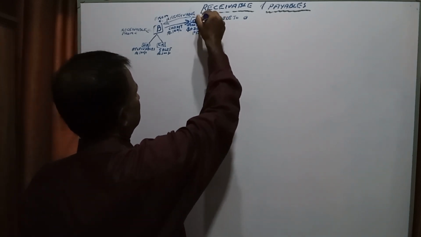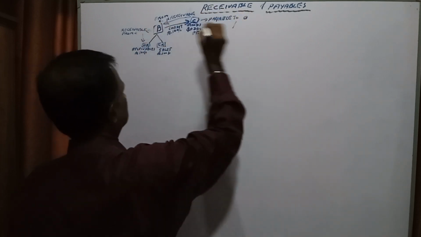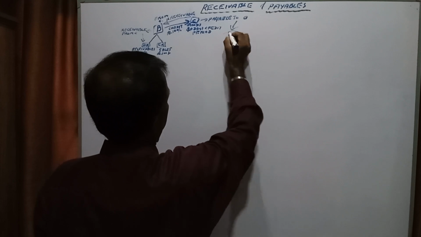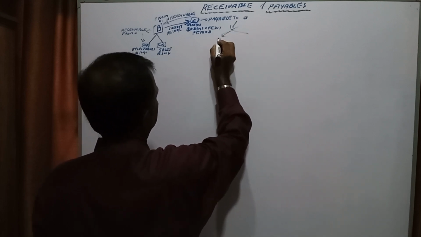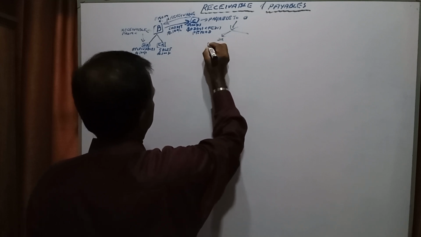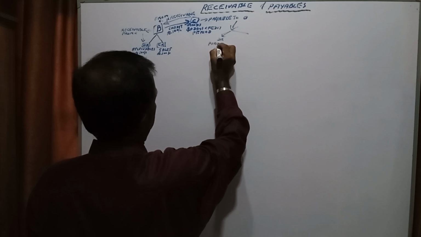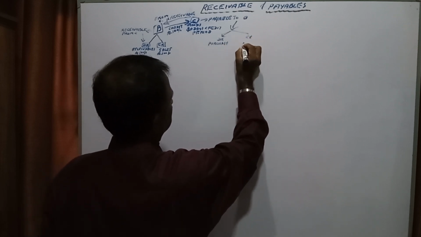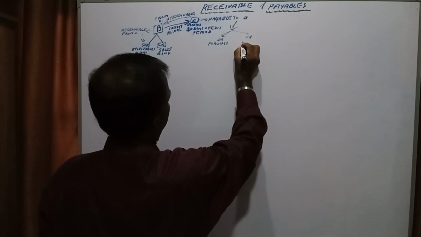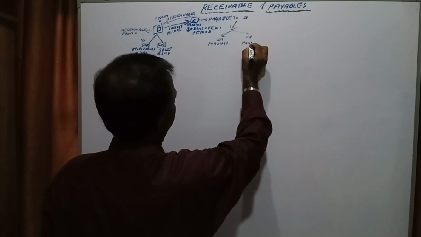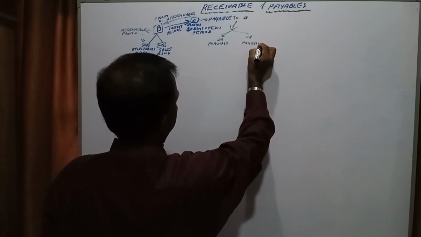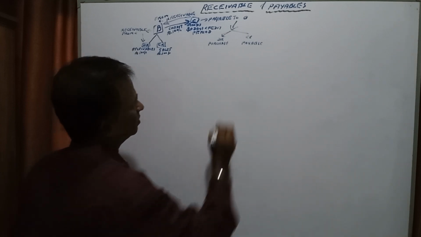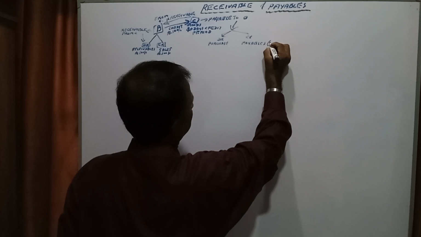Then what is the double entry? Debit purchases, credit payables. You can call these payables trade creditors.